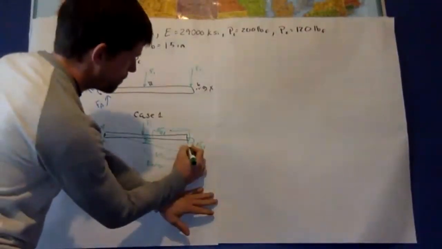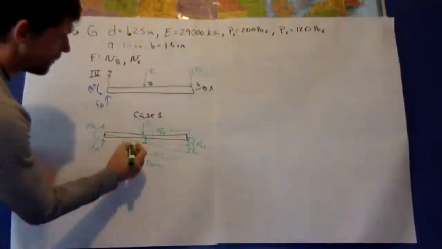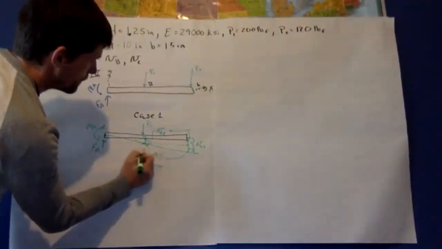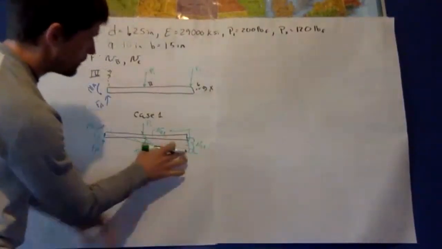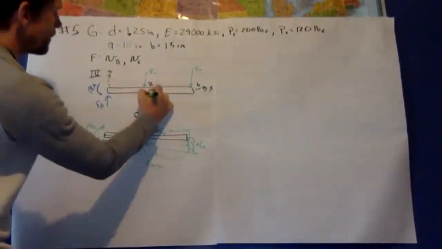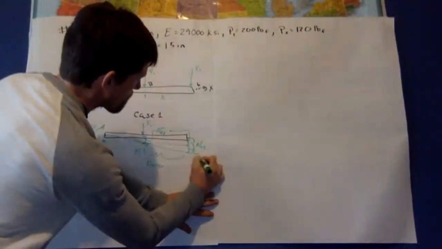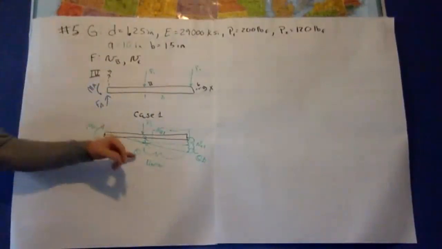Then you have this place here, which is this angle, theta, times the length. In this case, it's B. Does that make sense? It's pure geometry.